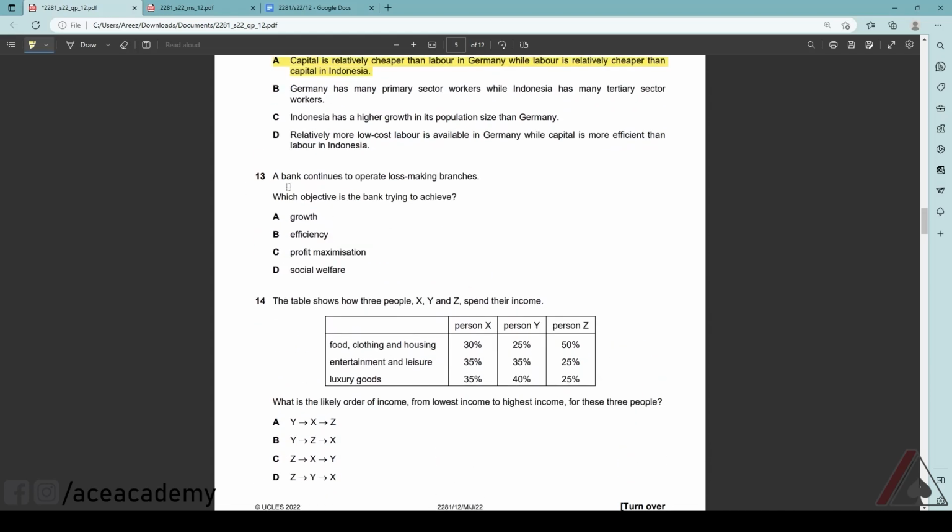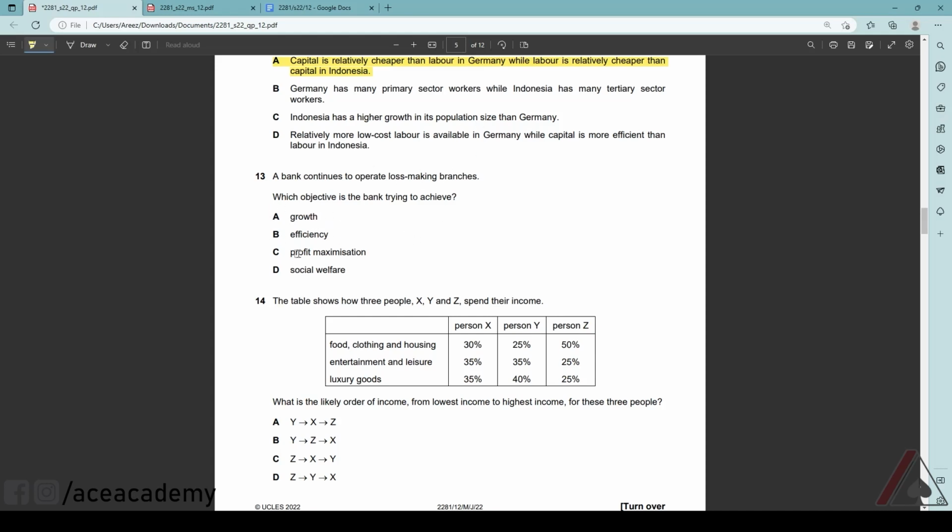A bank continues to operate loss-making branches. Which objective is the bank trying to achieve? It's not trying to achieve growth, because if it's making a loss, it would lose out in growth. It would have less capital to set up further branches in the future.